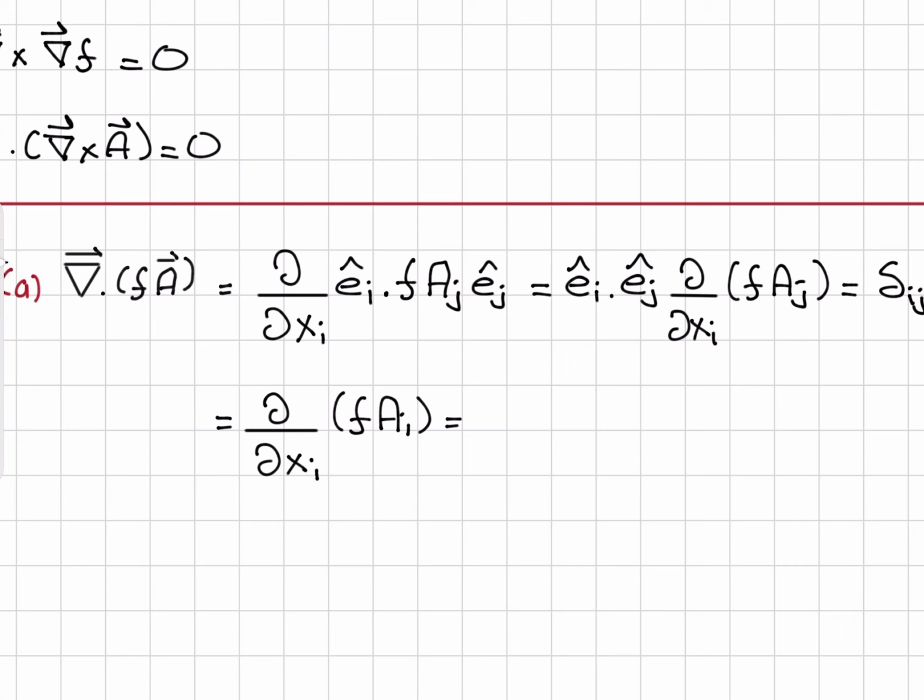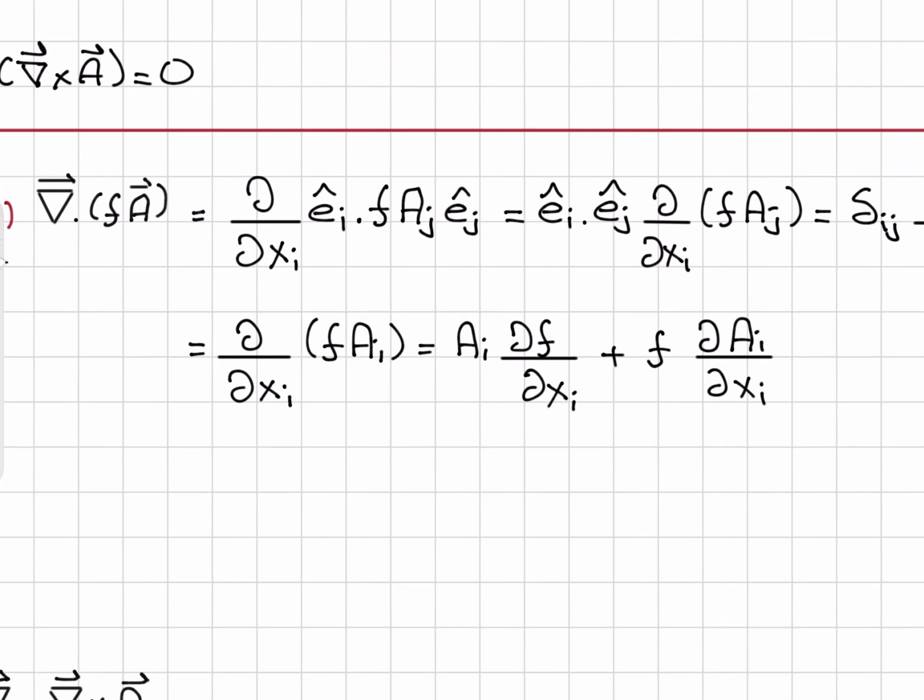This is equal to ai times the partial derivative of f with respect to xi plus f times the partial derivative of ai with respect to xi. So that's what we have here.